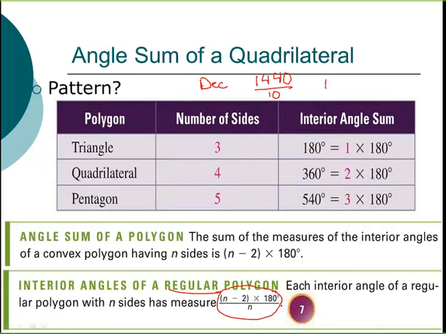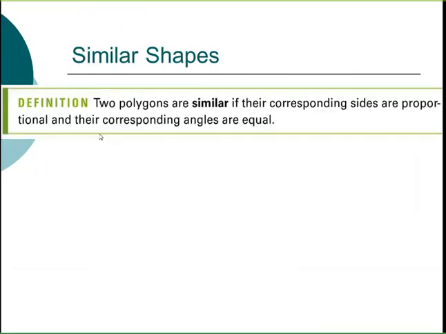So if I divide that by 10, each angle has 144 degrees. Oops, that was supposed to be a degree symbol. So in a triangle, let's go back to a triangle, it might make more sense. In a regular one where all the sides are the same, that means all the angles are the same. I take 180 divided by 3, and they would be exactly the same if they were all 60 degrees. So if I had 60, 60, and 60, they are all the same angles.